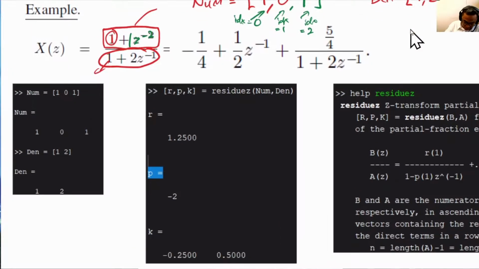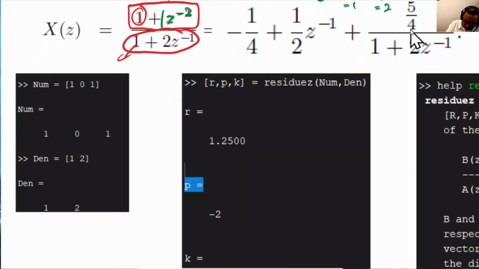So what do I do with it? Well, this is what I did. 101 for the numerator, denominator 12, and I'm going to substitute into this MATLAB function called residuez to perform the partial fraction expansion for me. This is different in Laplace transform. In Laplace transform, I use residue.